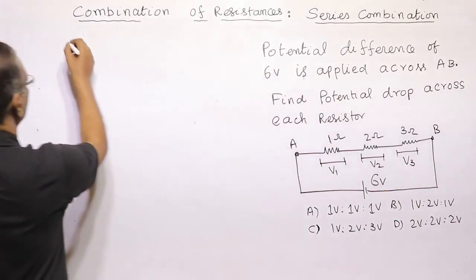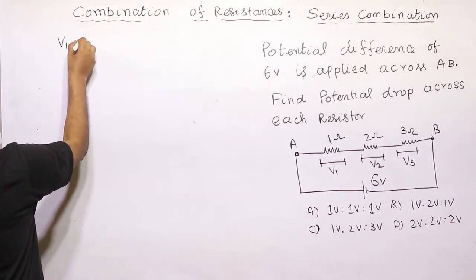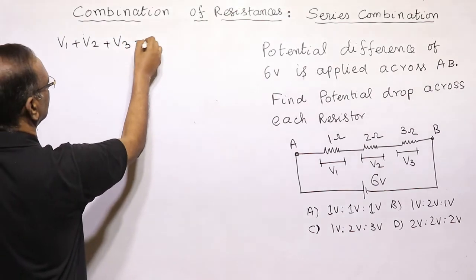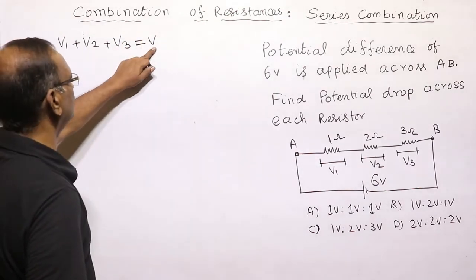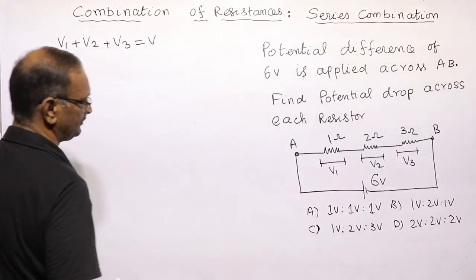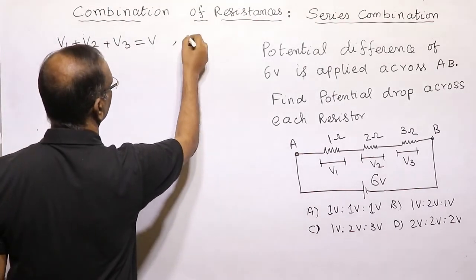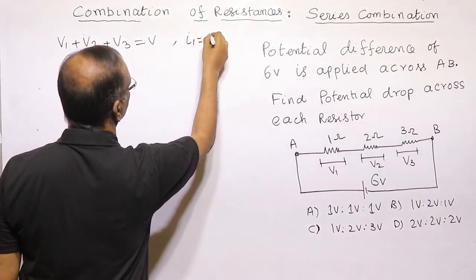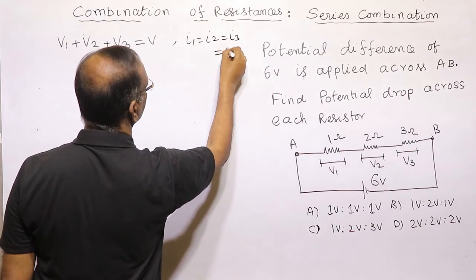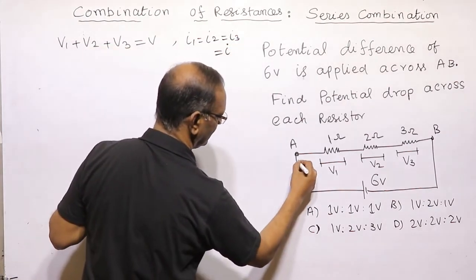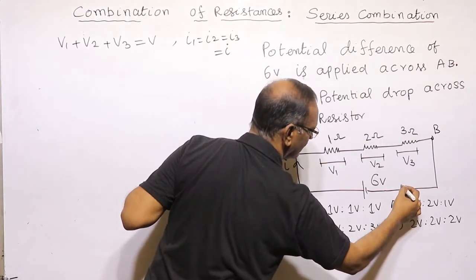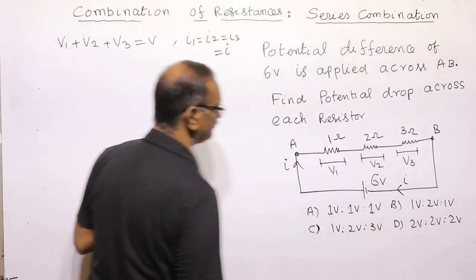First we have seen V1 plus V2 plus V3 is equal to V, so the applied voltage is divided among all the 3 resistors. Second thing, I1 is equal to I2 is equal to I3, which is nothing but I. The same current flows through each resistor.